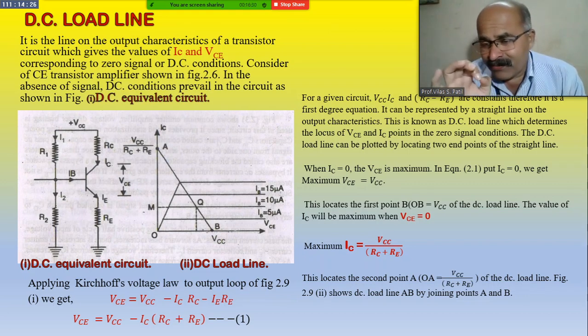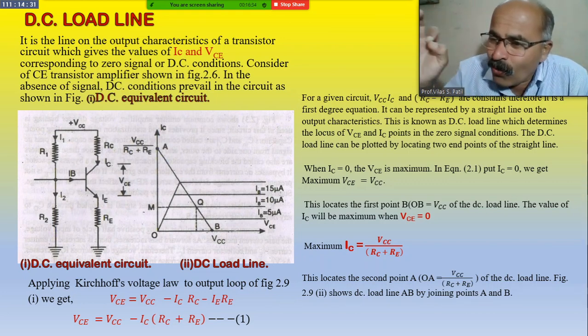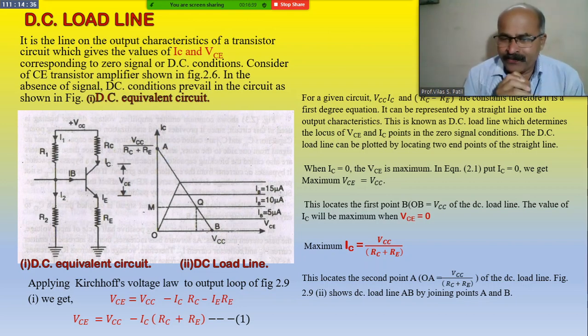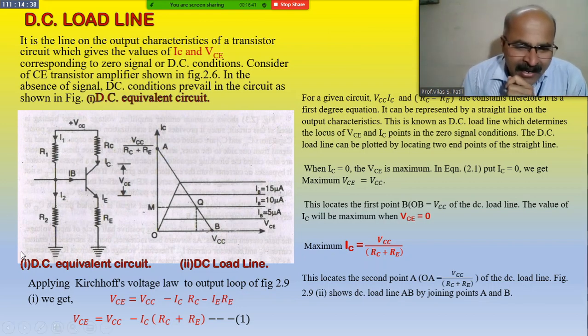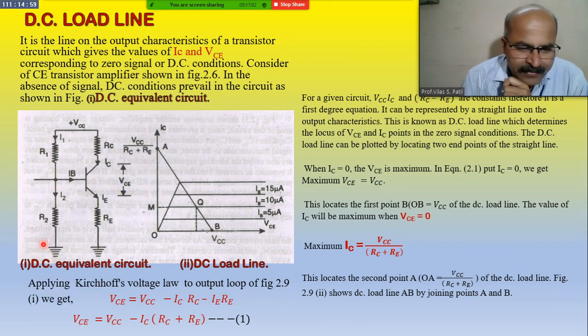In that region, all the operating points will be known as Q points. Means that in this region, between this point and this point, all these are operating points.